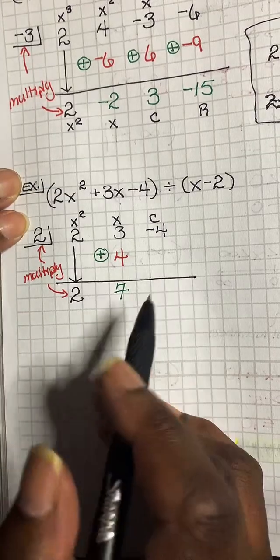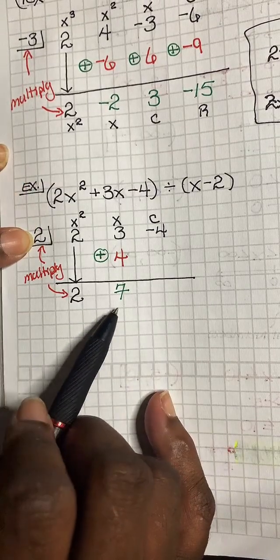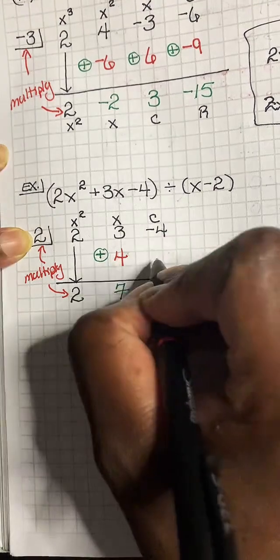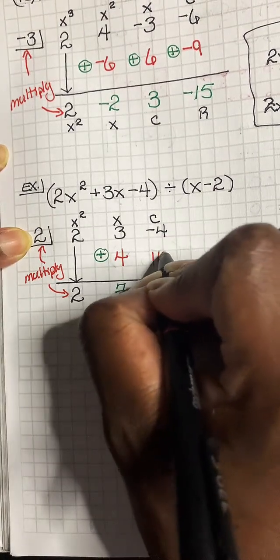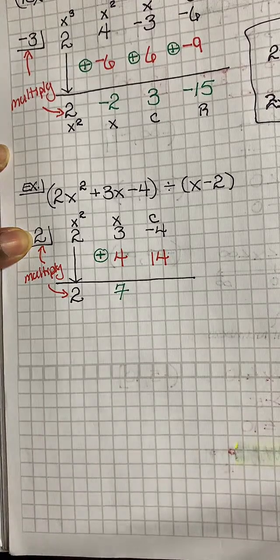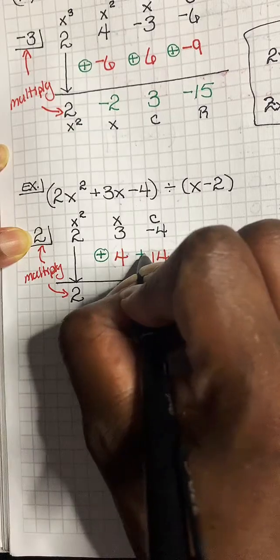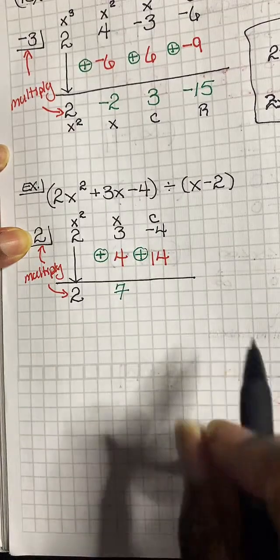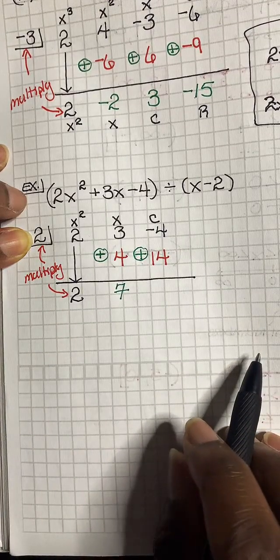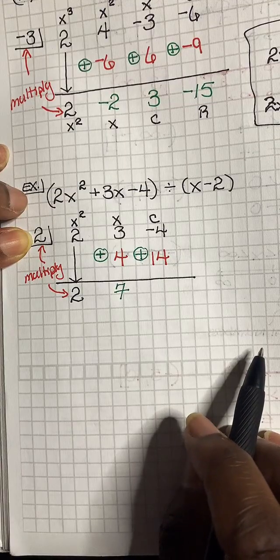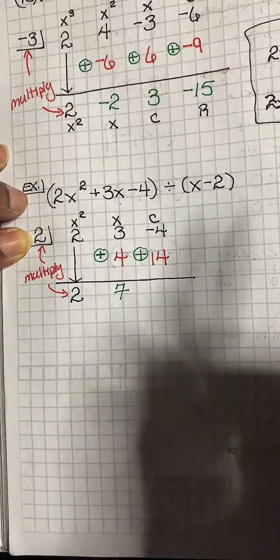I see now. Okay. So we got the 2 times the 7 gives us the 14. Then we're going to add these 2 together. What do I get when I add those 2 together? I love when I look up and I see answers. Look at all these 10s.